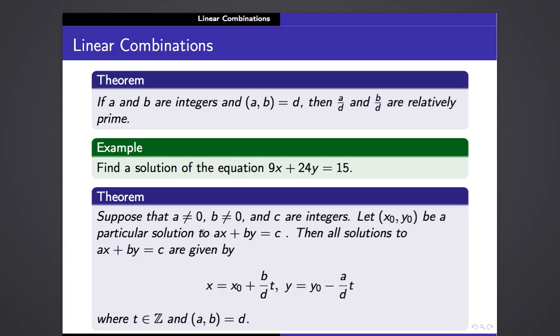There's nothing special about the solution, just any solution. A particular solution versus a general solution: a general solution represents all the solutions. That's what I mean by particular solution.